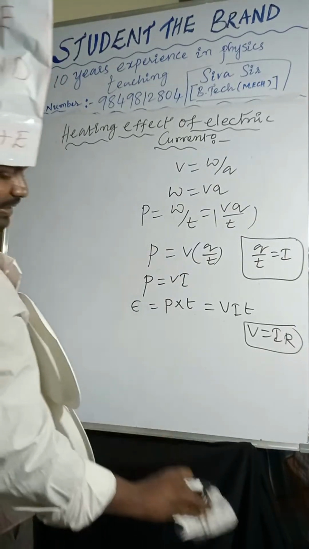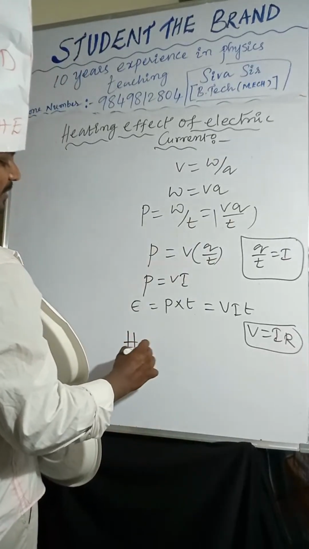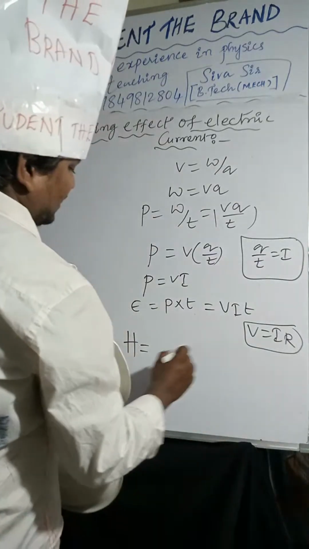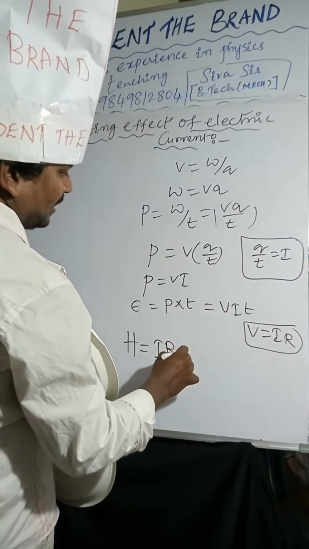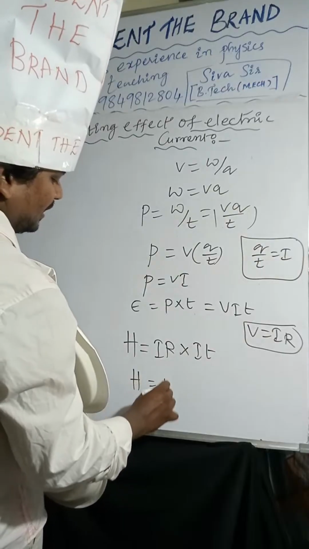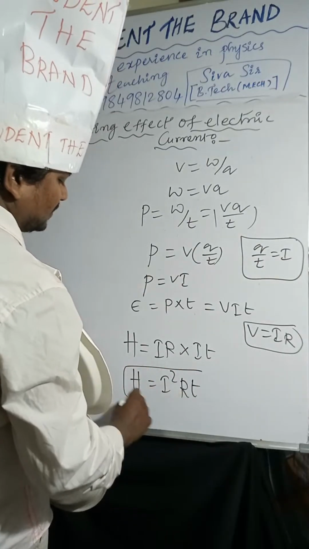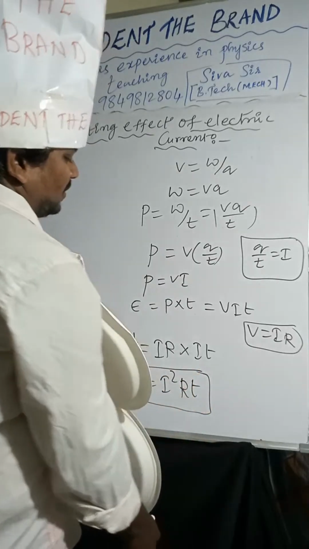Whatever the energy is given to the conductor, that will become in the form of heat. So now you are substituting V equal to IR into I into T. Then H equal to I square RT. This is also known as Joule's law of heating. So heating effect of electric current is also known as Joule's law of heating.